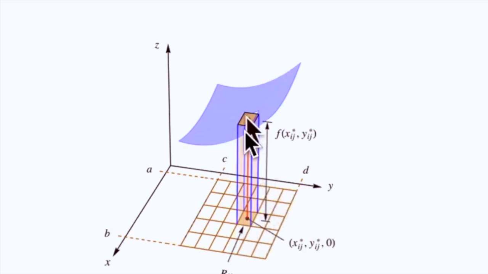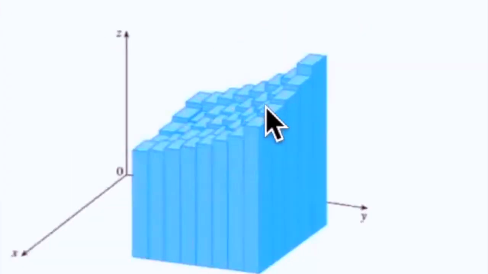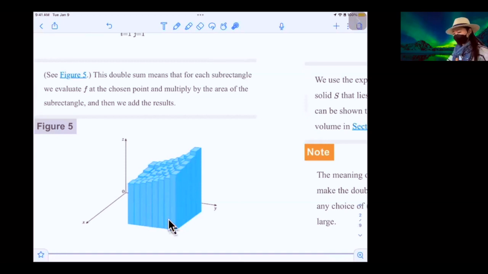You use this height, which is the function value f of xij star, yij star, times this subrectangle area. So base area times height gives you the value. Now going back, you can see that if you use the height at each random point in each subrectangle, you sum up all those rectangular boxes. So this is how it looks.